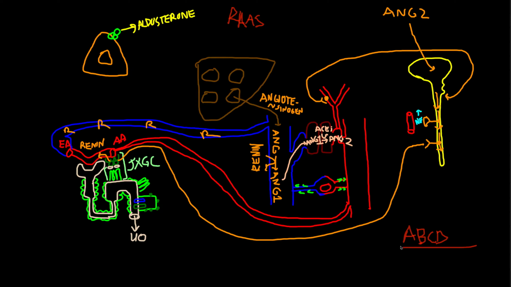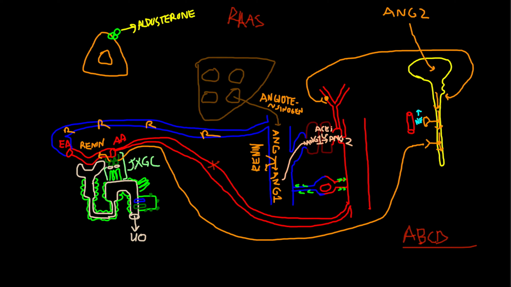But before I go through how these work, we need to understand the renin, the RAAS complex system. So say a patient has a bleed and becomes hypotensive and starts losing blood volume.